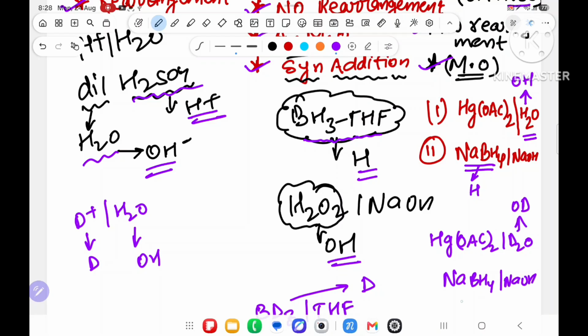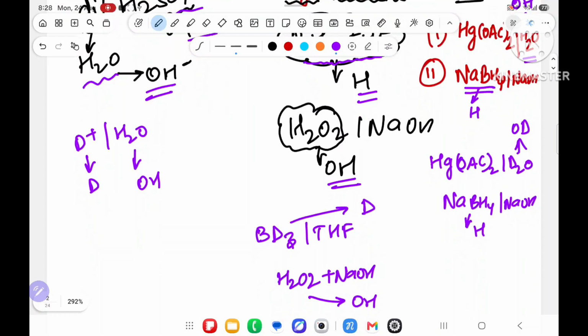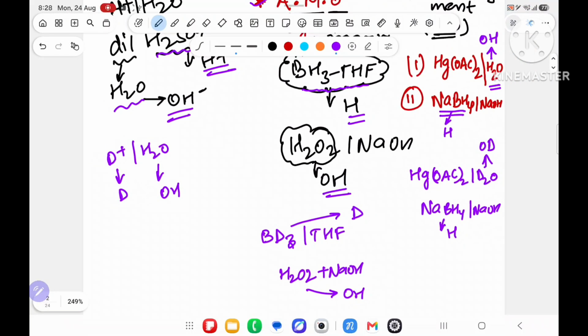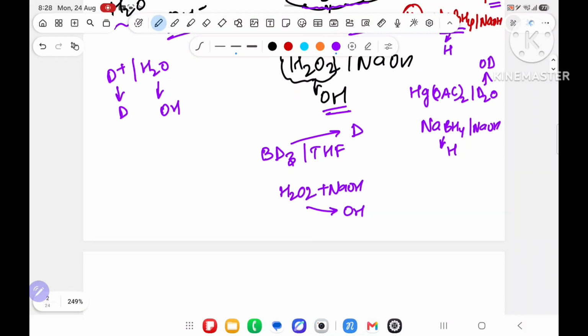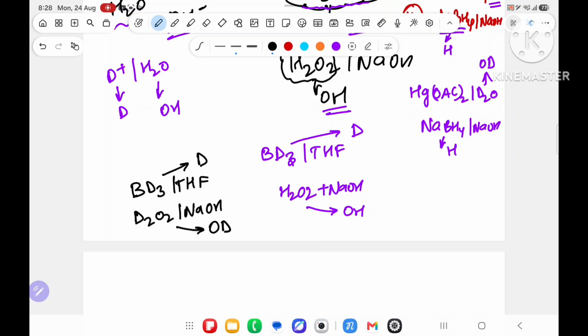It will give OD, it will give H. So in place of H, they will change to D. So you have to see where we will get OH. Suppose one changes the reagent like this. No sir, BD3 I will take THF, in presence of H2O2 I will take D2O2 in presence of NaOH. So this will give D, this will give OD.